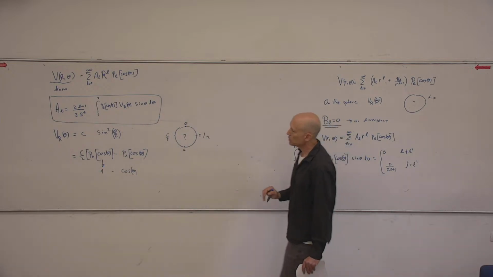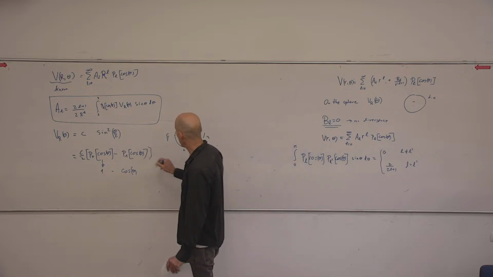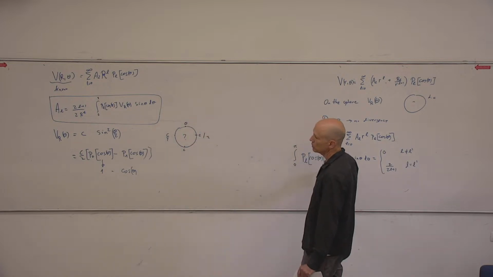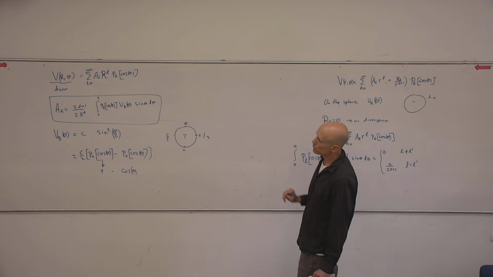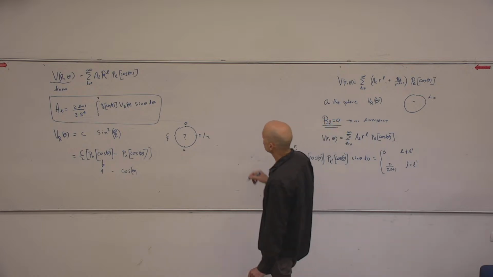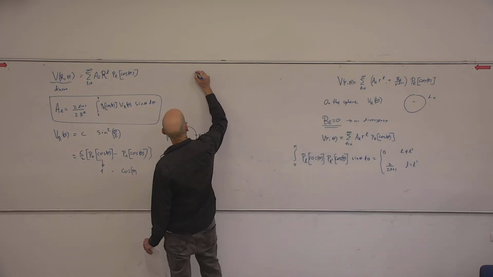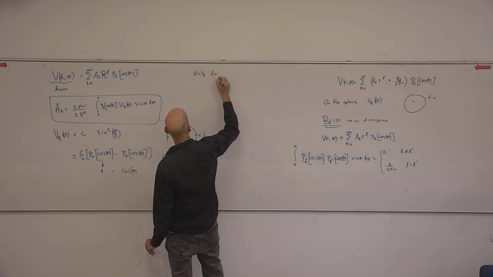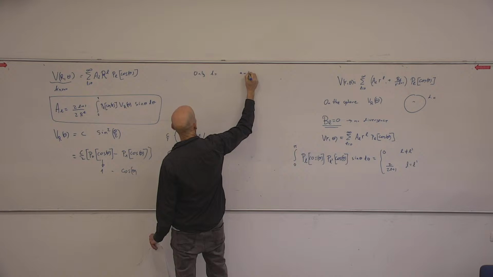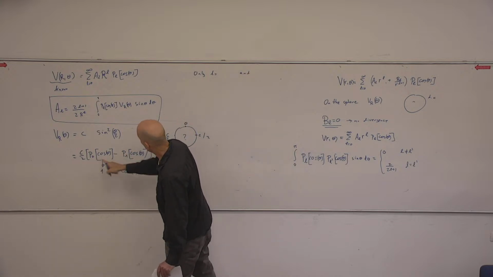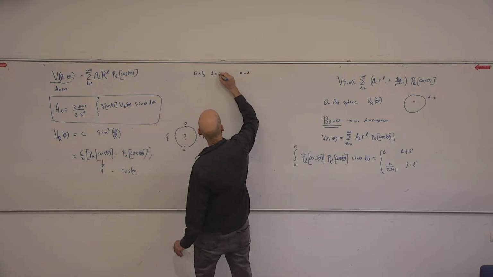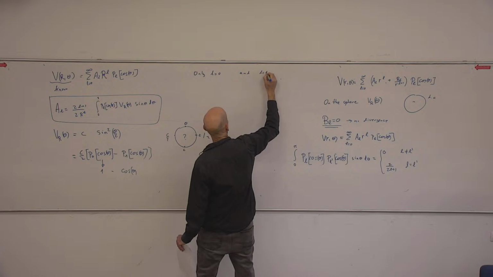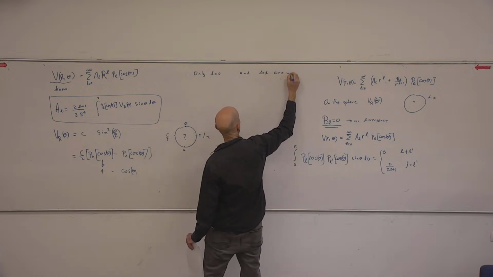And then I'm essentially done, because again I go back to this equation and I can do these integrals for A_L. So solving for A_L, what do I learn from here? What L's are important? These are the L's, the 0 and the 1, that are non-vanishing.